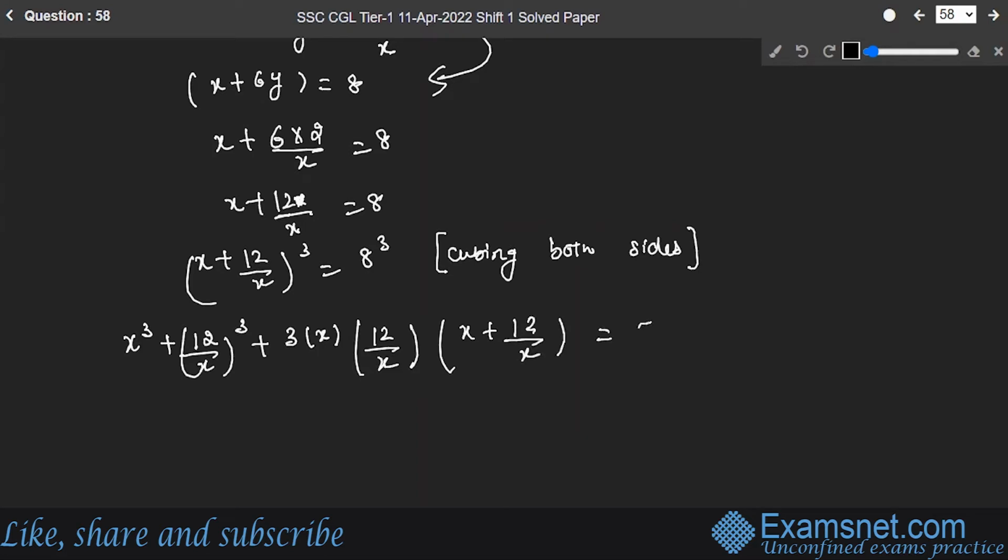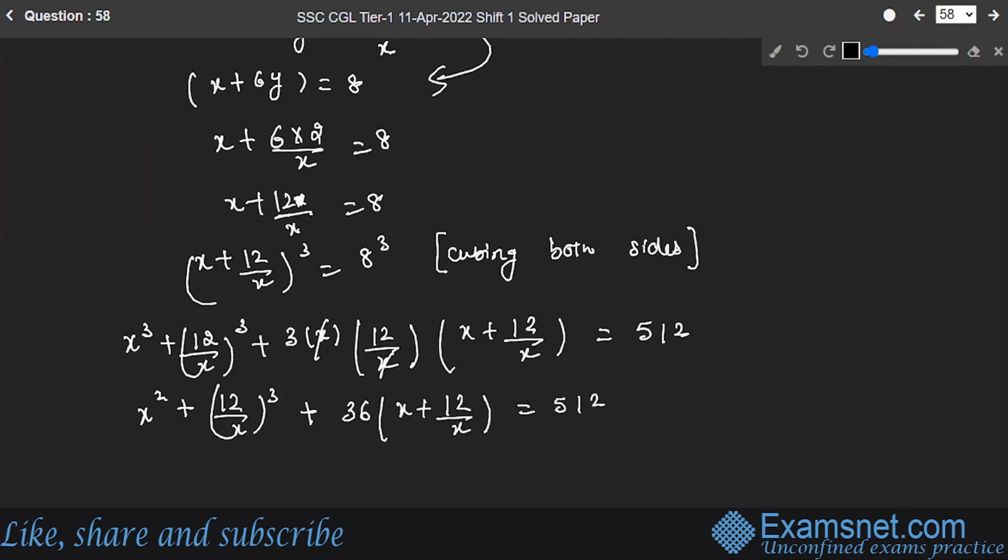This is equal to 512, which is the cube of 8. I hope you're clear, right? So now I'll leave this one as such. What is the 12 upon x whole cube? Just a minute. So this is plus, now this x and this x will cancel. 3 into 12 will give you 36, right? So 36 into x plus 12 upon x is equal to 512.